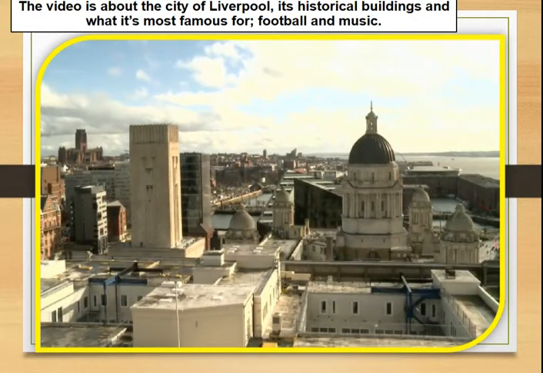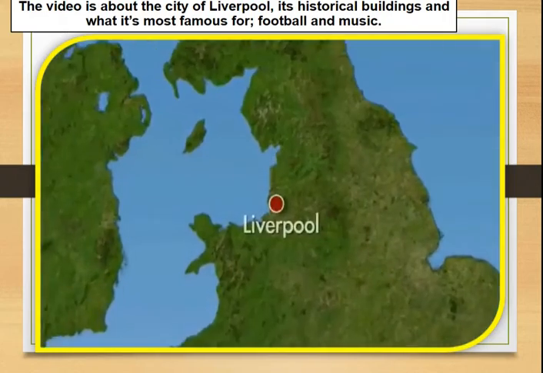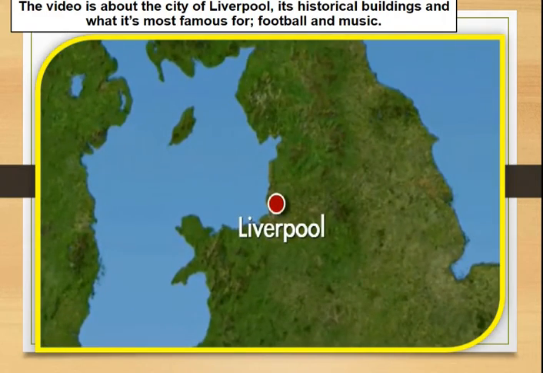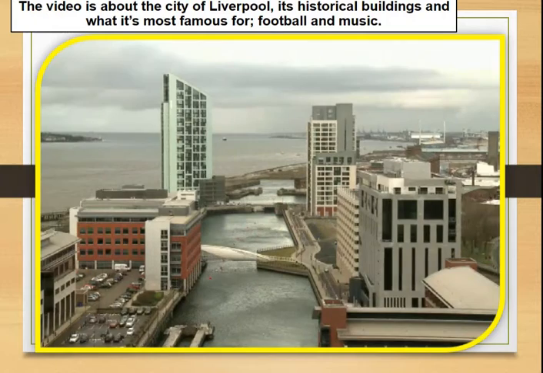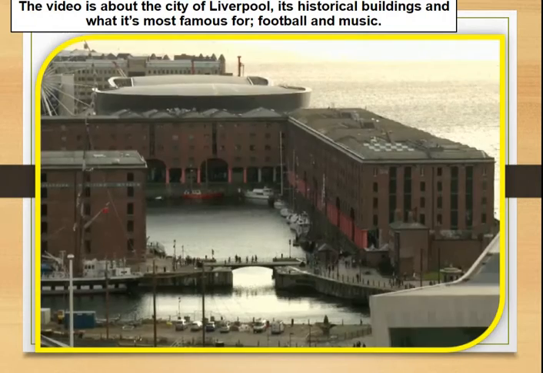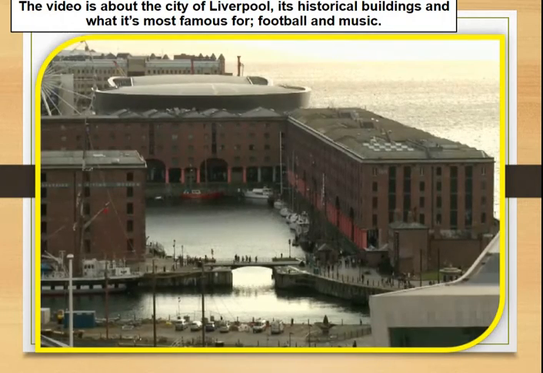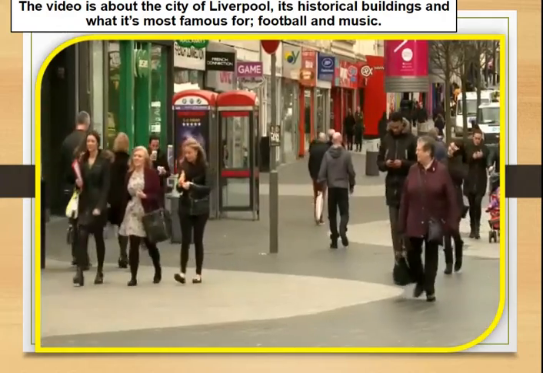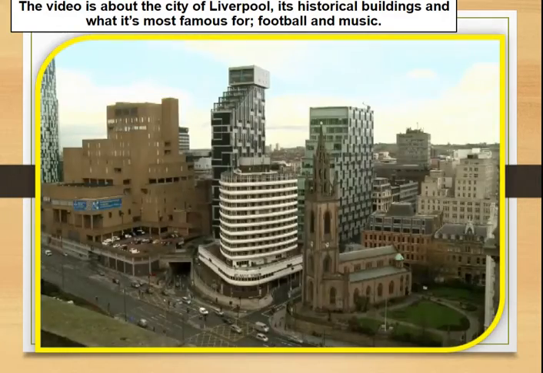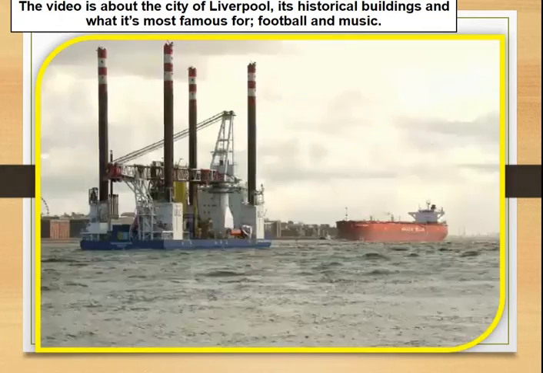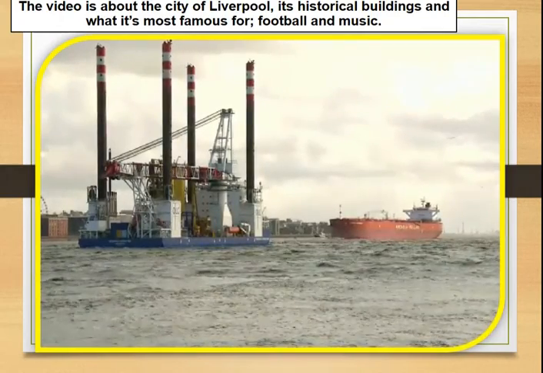This is Liverpool, a large city in the northwest of England. It's got a population of about 500,000. And it's a busy city that combines the old and the modern. There's a large port on the River Mersey.